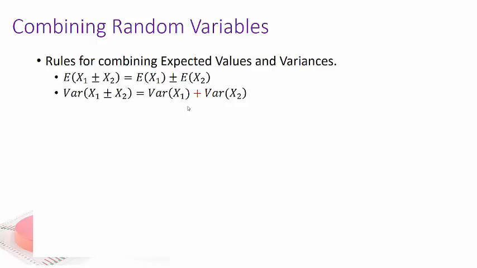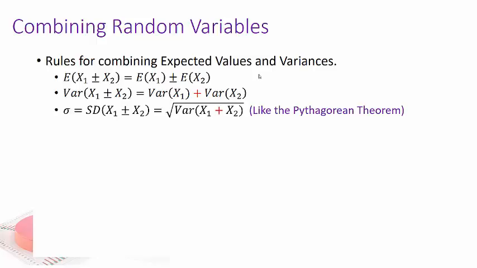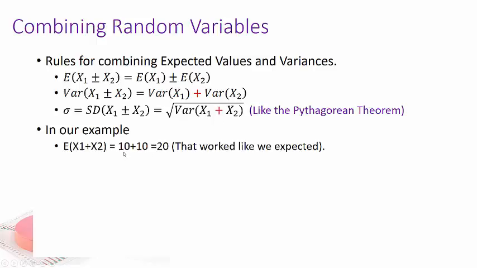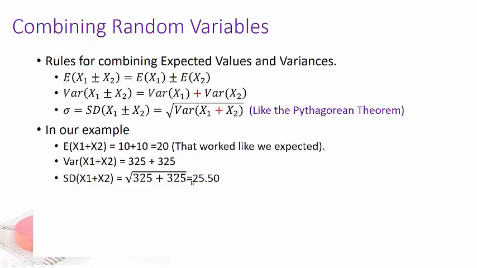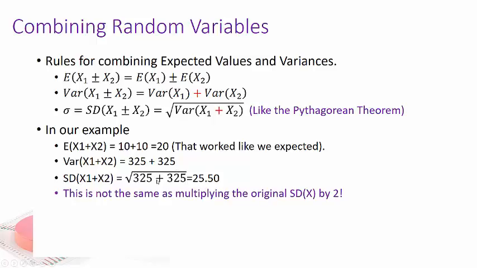And I'll go over in a little bit why we always add. The standard deviation, though, is the square root of that sum, and that's kind of like the Pythagorean theorem. So in our example, 10 plus 10 is 20. So that worked like what we expected. Variance worked like what we expected. It was basically 750. Standard deviation, because we have to take the square root of the sum of these two, was not the same as multiplying the original standard deviation by 2, or adding both standard deviations.